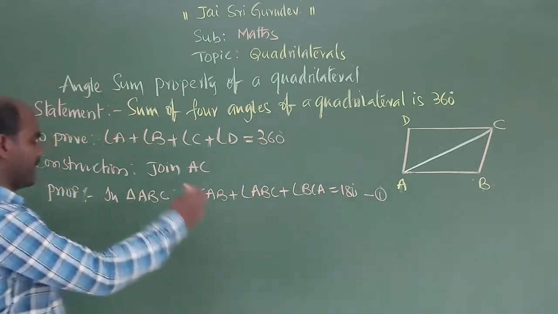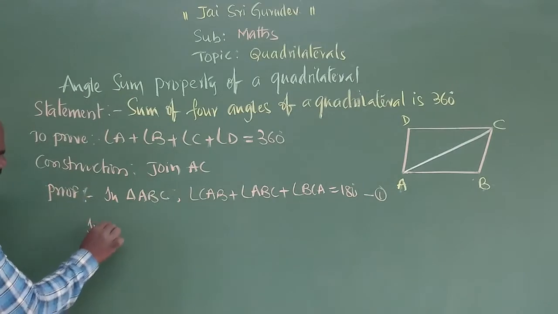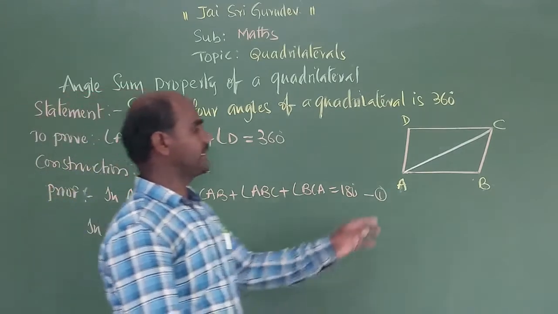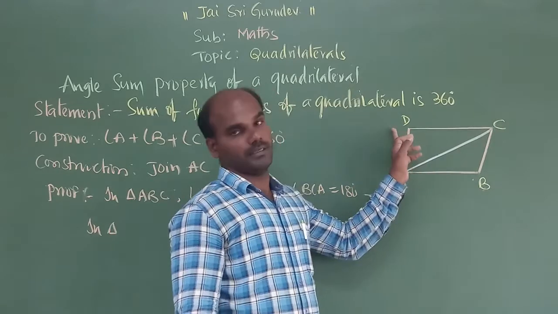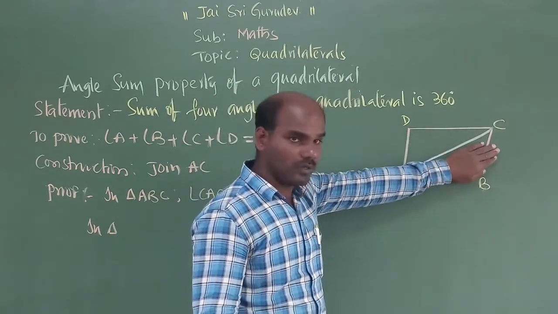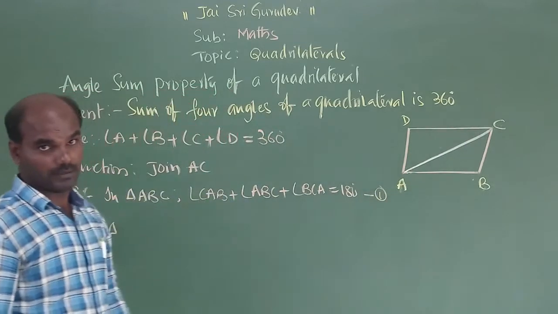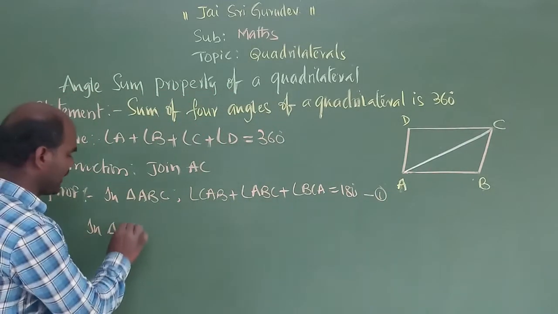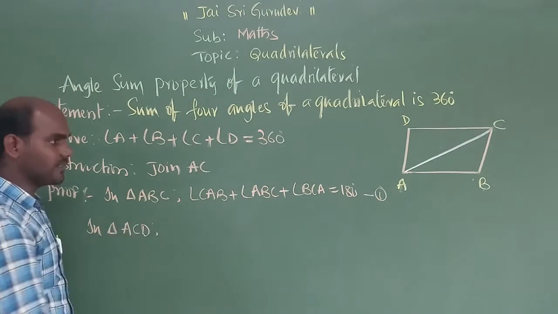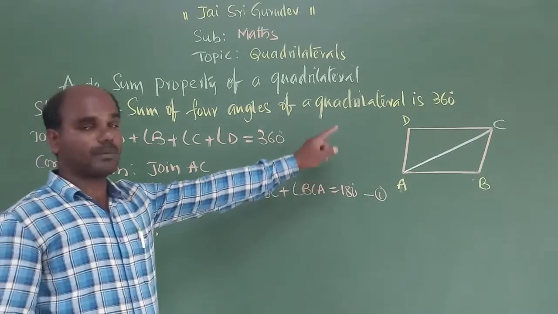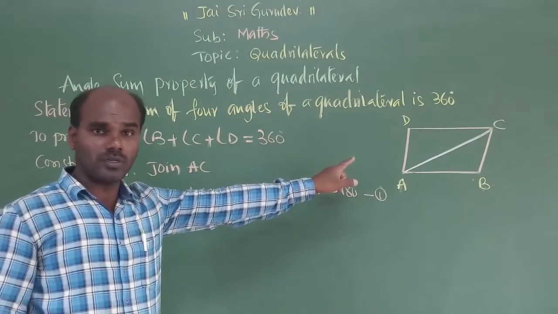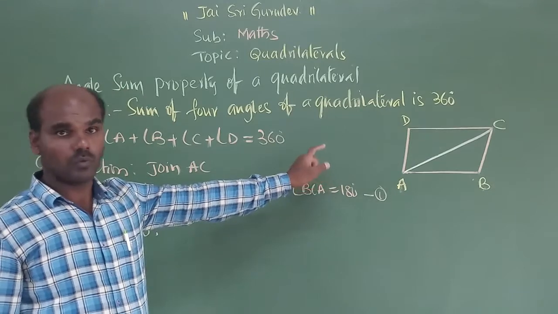As well, I am taking another triangle. What is the other triangle, children? That is ACD. So this one is complete, and now I am going to the second triangle, that is ACD. In triangle ACD, the sum of the three angles of a triangle is also how many degrees, children? 180, no?